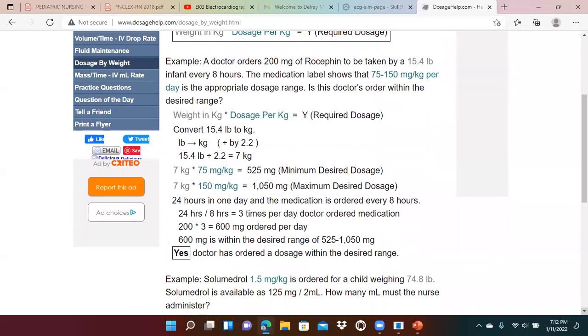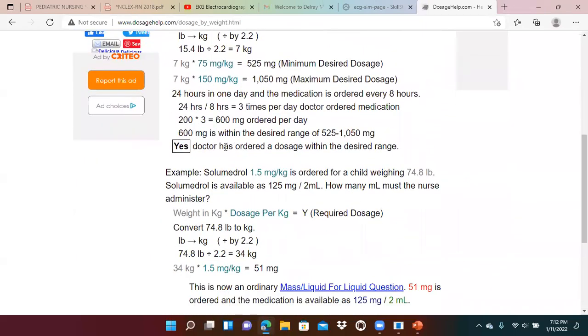So 24 hours in one day, and the medication is ordered every 8 hours. 24 over 8 hours equals 3 times per day the doctor orders medication. So how do we get it?